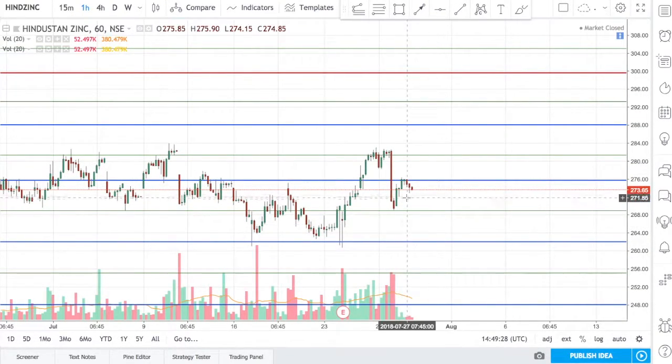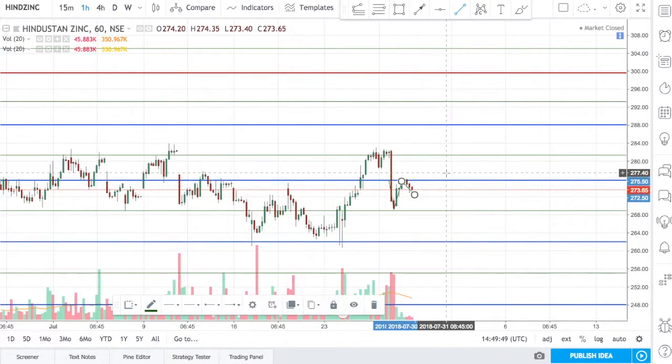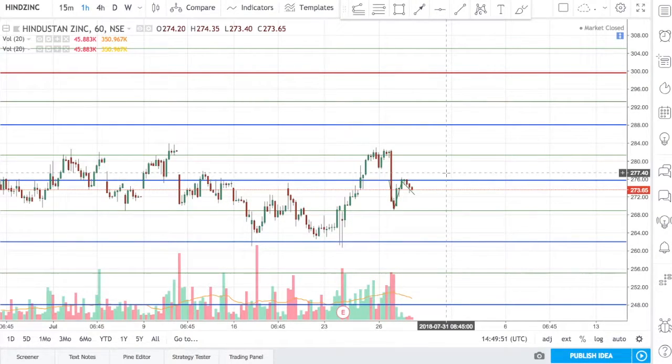As could be seen here, prices broke through this strong level of support, made a retracement back into that support level, which now is a resistance, and what we are expecting is a strong bearish candle from this resistance level on which we can enter the trade.